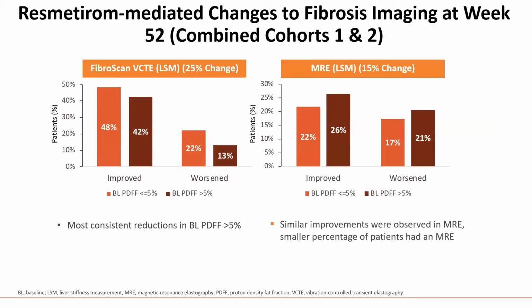And we didn't do biopsies, so we looked at fibrosis improvement on Fibroscan, but there was actually a signal toward improvement in liver stiffness on Fibroscan and change by 25% or more from baseline. This was achieved in about 45%. And then we also found that a good percentage of patients reduced their MR elastography by 15% or more.